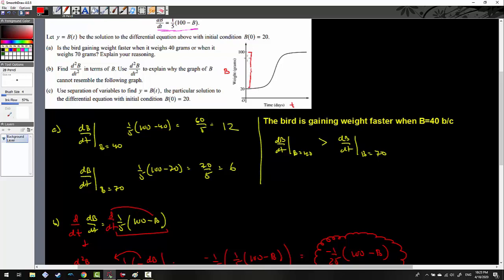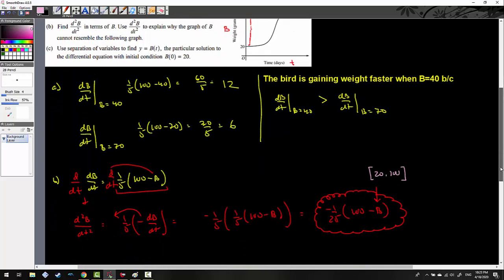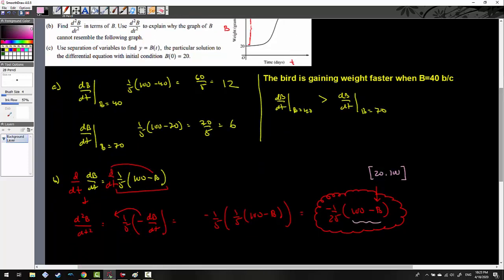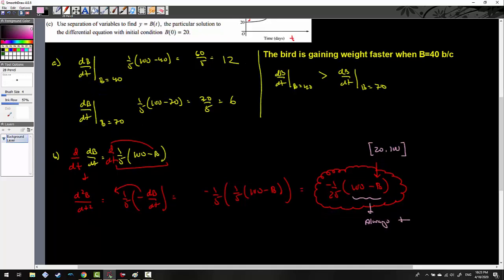Well, in between the values in question, I'm between 20 and 100, which means that's all I can plug into B. And if all I can plug into B are numbers that are between 20 and 100, what that tells me is that this piece here is always positive. The inside piece is always positive.